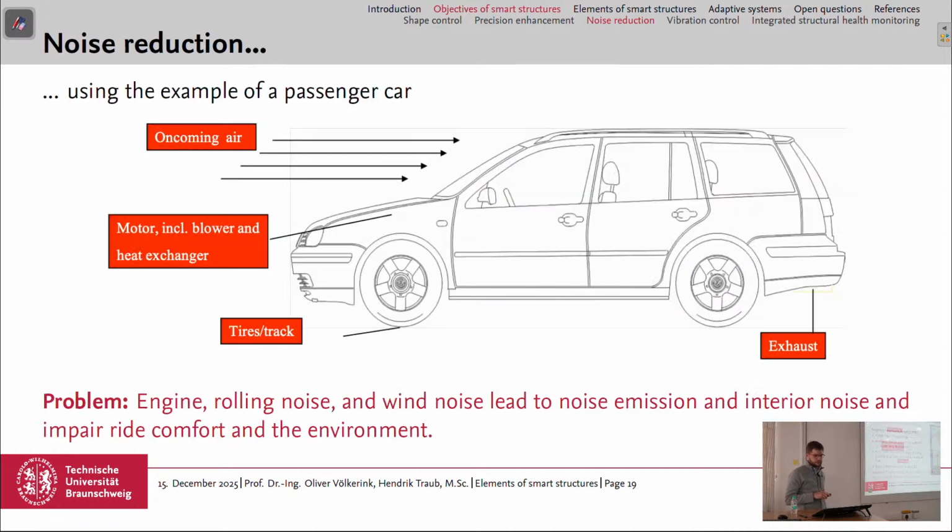And here one slide is missing, but I can explain it. So the idea is to have a microphone installed in the interior and active piezoceramic transducers at the car roof, and then, let's say, the disturbance signal, the noise in the cabin, was recorded, and then a signal for the piezoceramic transducers at the roof was generated, and with this the whole interior had a noise reduction.